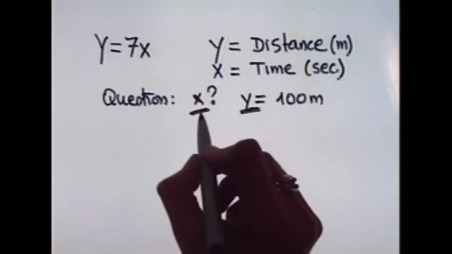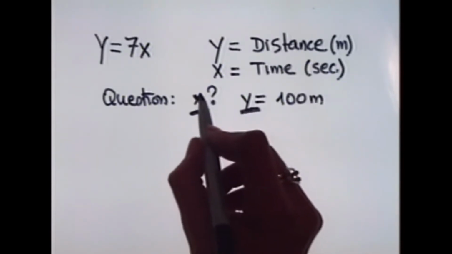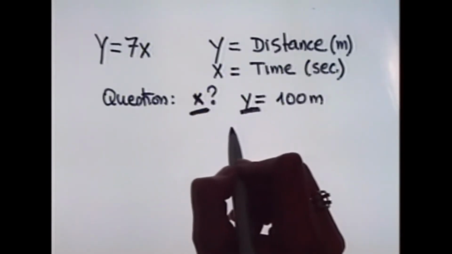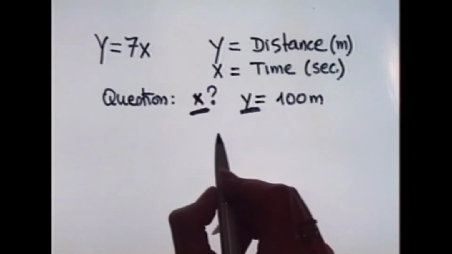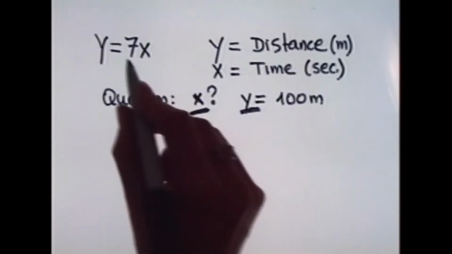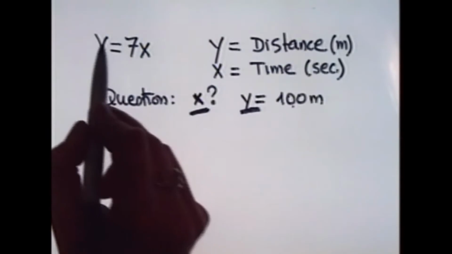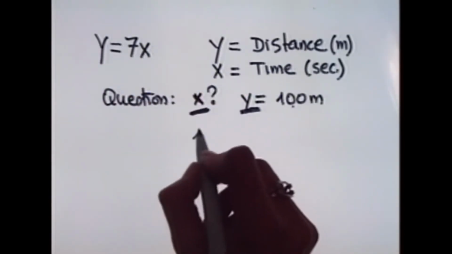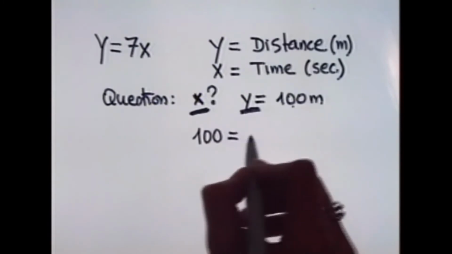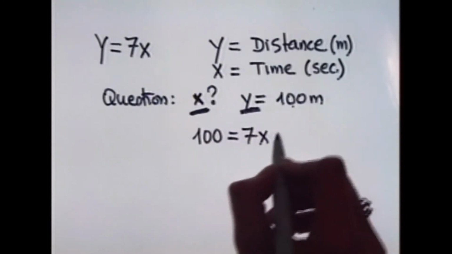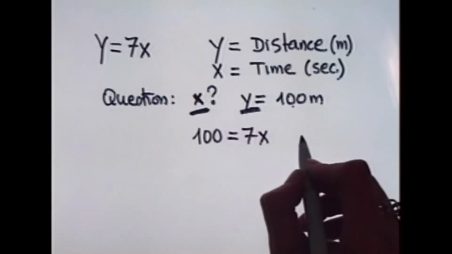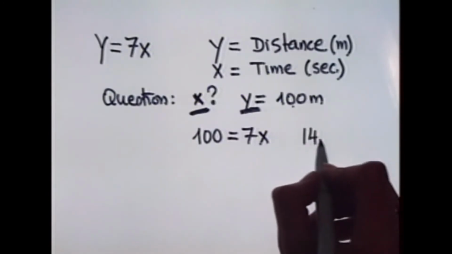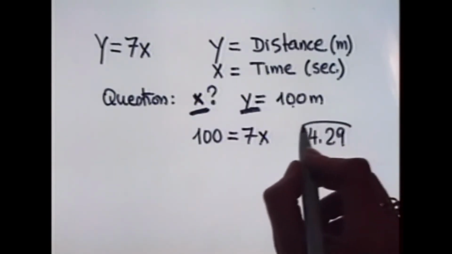Well, we're a little ahead of ourselves here, and we're solving an equation, even though we're not at that lesson yet. But that's all right, it's a very simple one. So if we replace 100 into y and x into x as it is, we get 100 equals 7x. Now we saw that x was very close to 14.29 on the calculator.